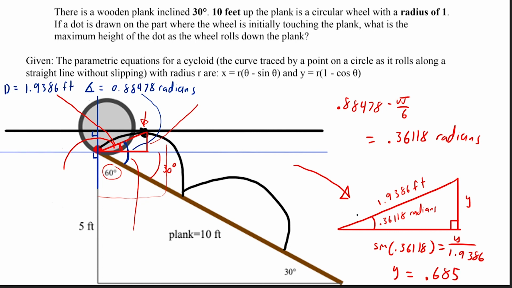This means that the y value at the maximum height, this point right here, is 0.685 feet higher than the original starting height, which, as we see here, is 5 feet. So therefore, the maximum height of the particle is 5.685 feet.